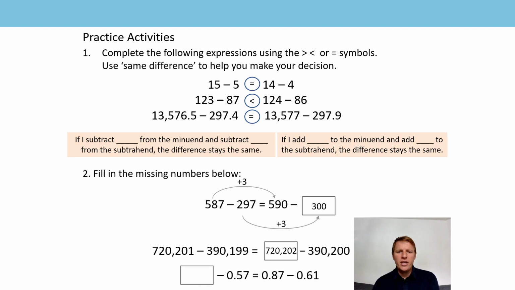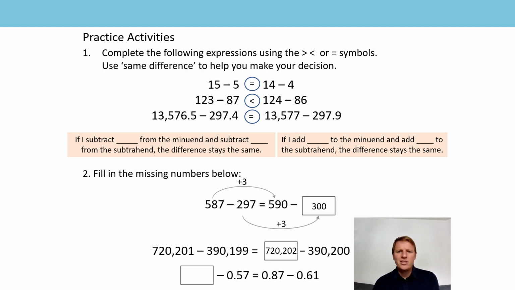Okay, final one on here. This time we don't know the minuend in our first expression, but we do know the two subtrahends. So let's look at the subtrahends. We have 0.57 and 0.61. I'm going to think about comparing the subtrahend on the right to the subtrahend on the left. So 0.61 to 0.57.